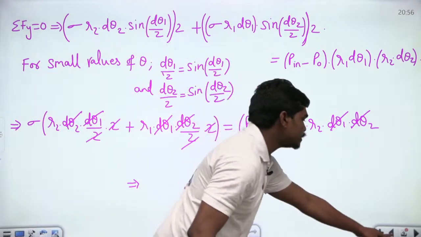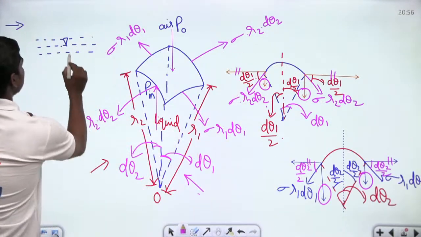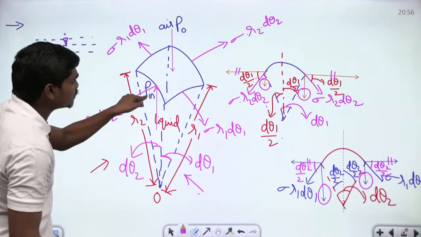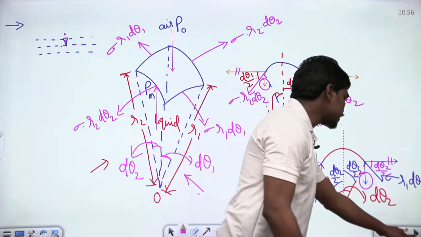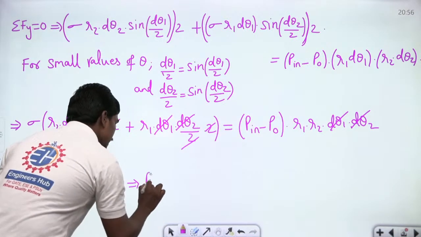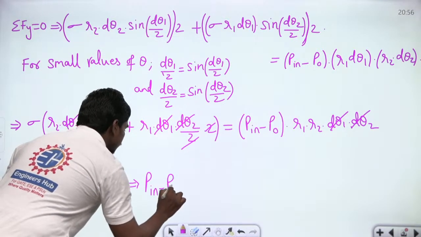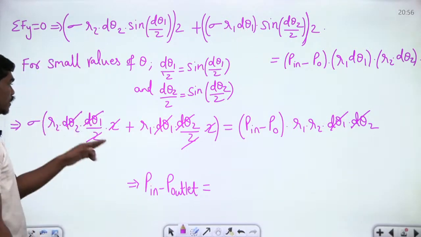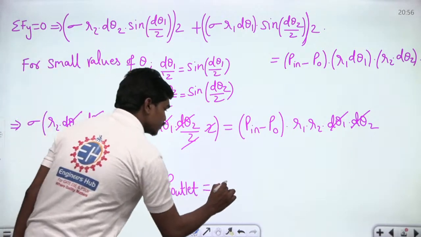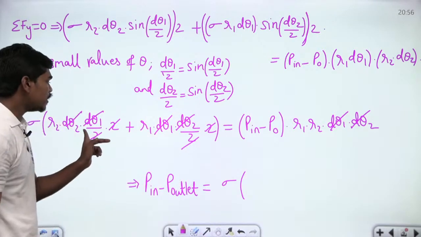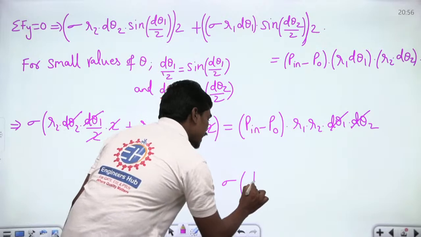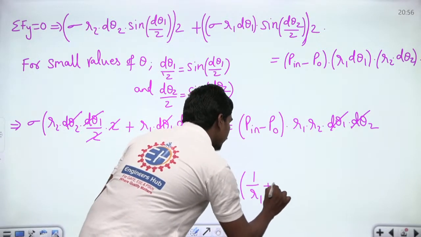If there is some bulk of liquid, the difference between P in and P outlet is nothing but P inlet minus P outlet. This is sigma, taken out common, times R1 plus R2 divided by R1 R2. Can we write this as 1 by R1 plus 1 by R2?